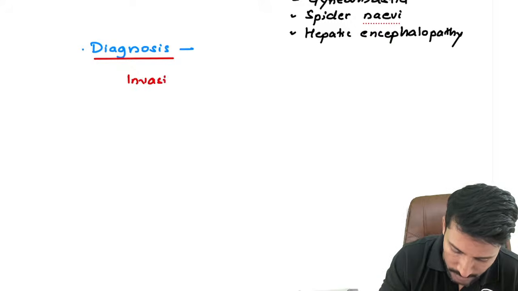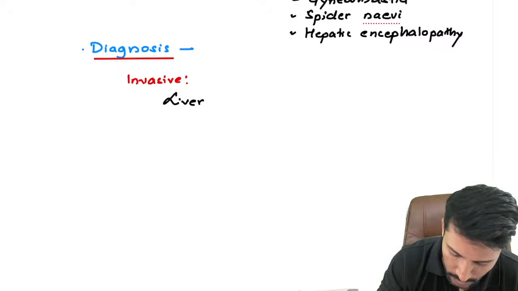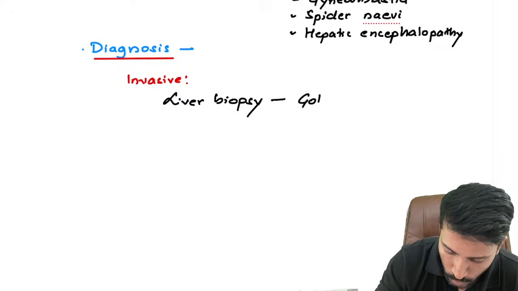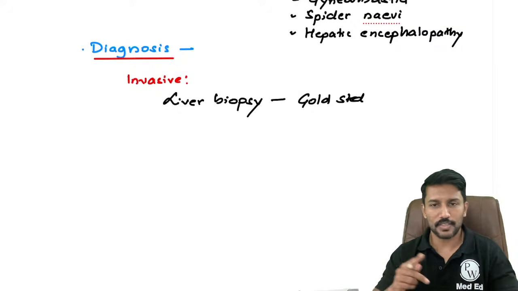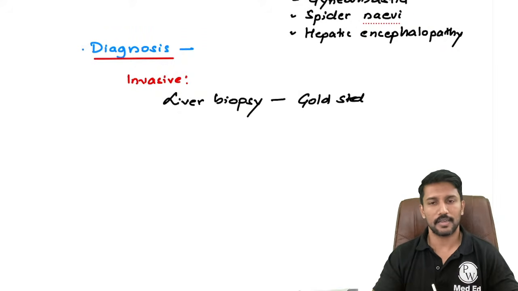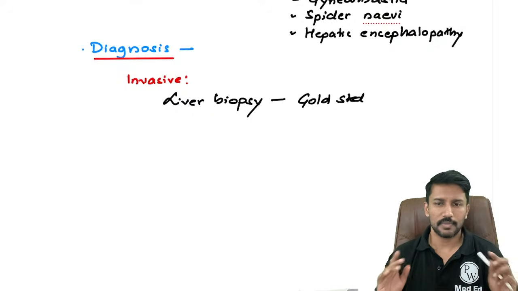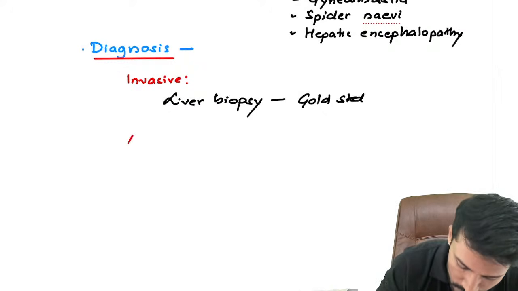The invasive one is nothing but liver biopsy, and this is considered the gold standard. But of course, subjecting some obese individual to biopsy just because you suspect he may have some fat in the liver, patients may not accept, and in many cases it is uncalled for. So we must have some non-invasive tools for investigation.